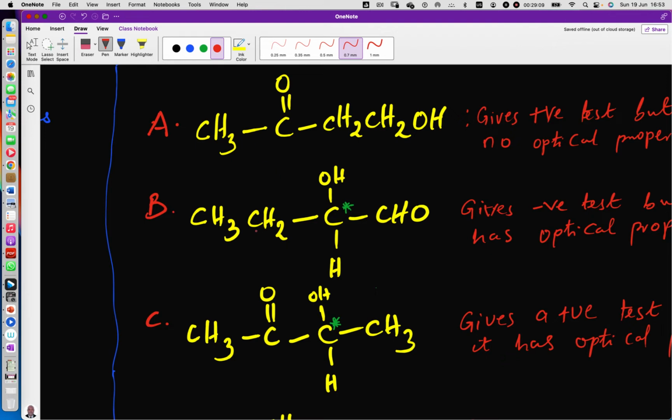This one cannot go because this is an ethyl group. This is not a methyl group. This one cannot go.